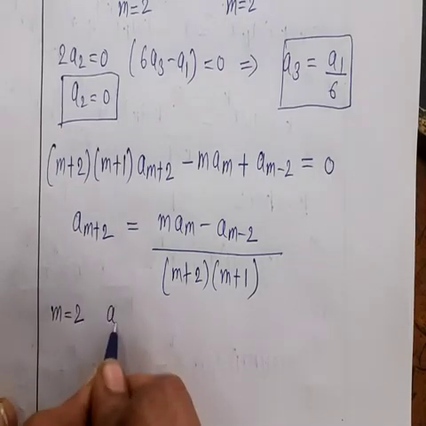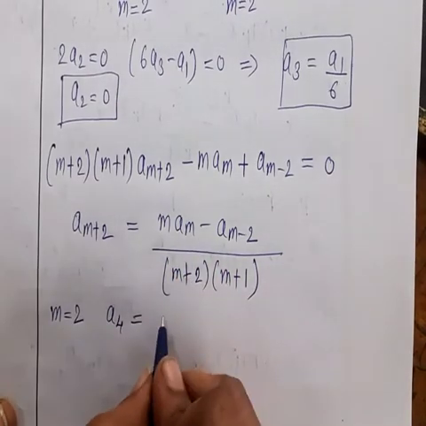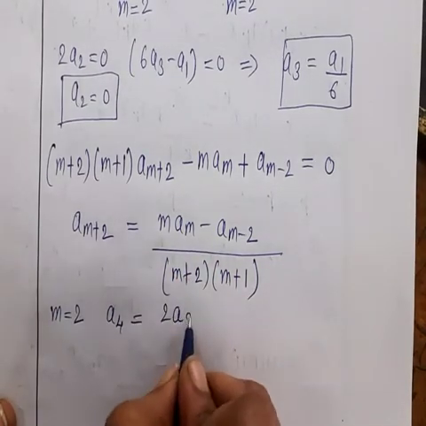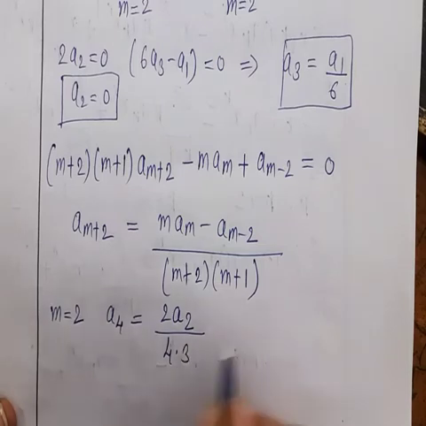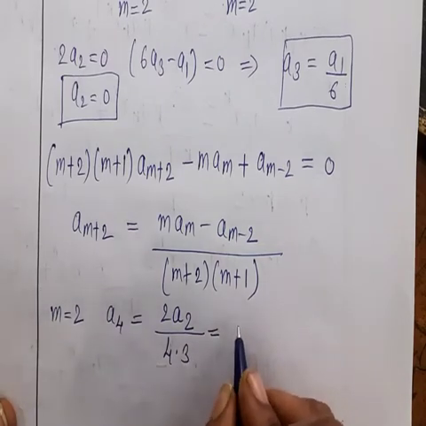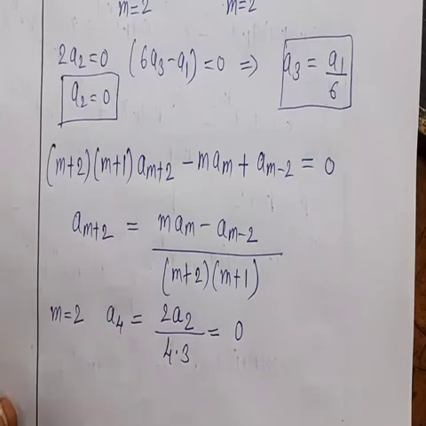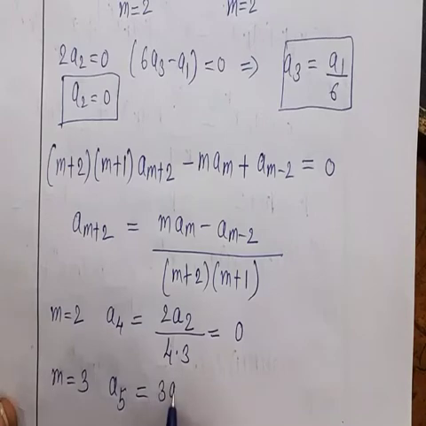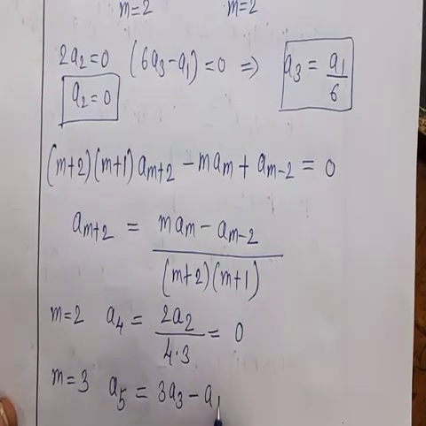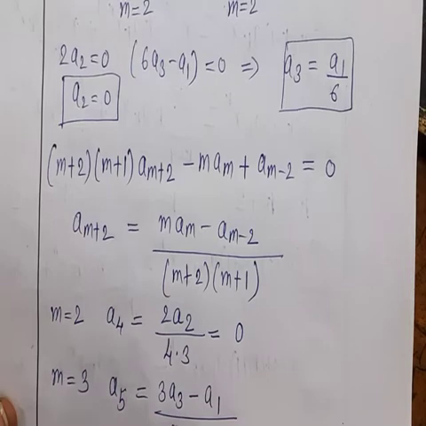So if m is equal to 2, it is a4 equal to 2 multiplied by a2 minus a0 divided by 4 multiplied by 3. But a2 is equal to 0, so a4 becomes 0. M equal to 3: it becomes a5 equal to 3a3 minus a1 divided by 5 multiplied by 4.